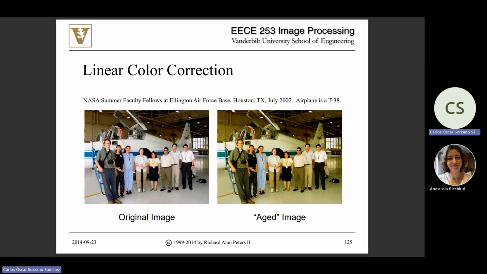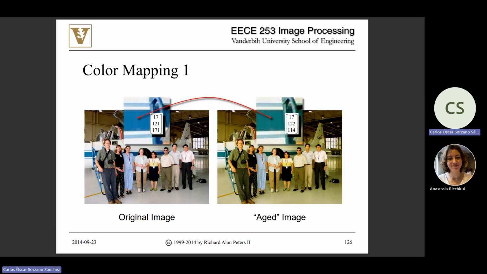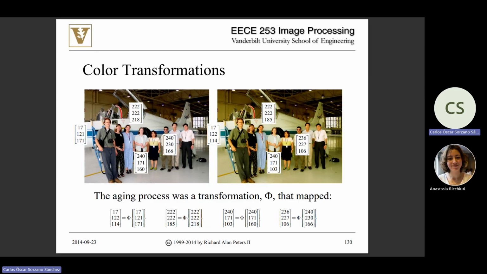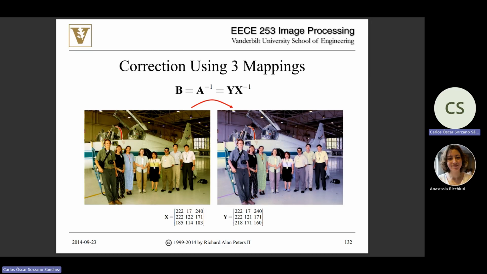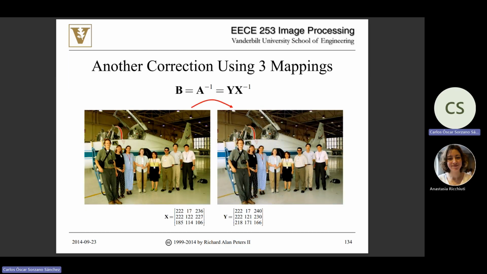Then this is the original, this is the image. You give me the correspondences. And at the end, if you give me only 3 pairs, this is what I recover, which is not bad. If you give me more mappings, so you have the original and the corrected one, it's not bad, but it is not good either.